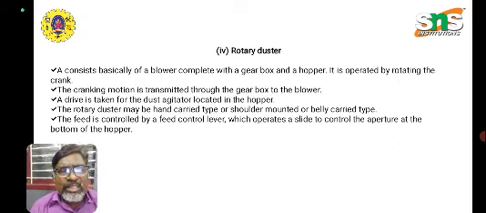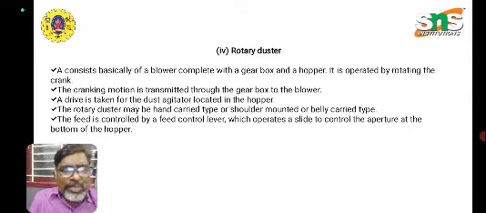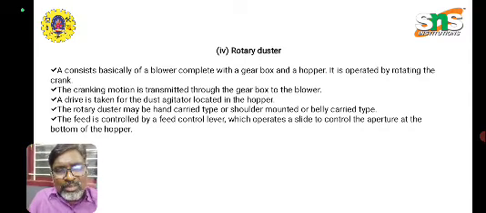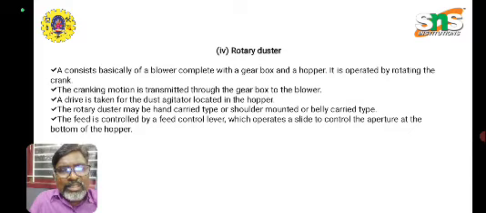And the next type is the rotary duster. It consists basically of a blower complete with a gearbox as well as a hopper. By means of the hopper, we give the input of the insecticides. It is operated by rotating the crank. The cranking motion is transmitted through a gearbox to the blower. A drive is taken to the dust agitator located in the hopper.